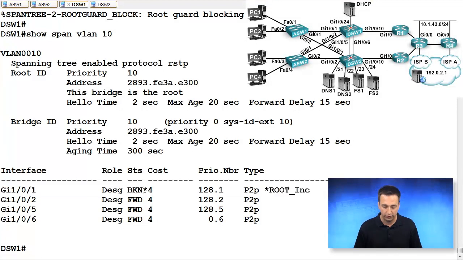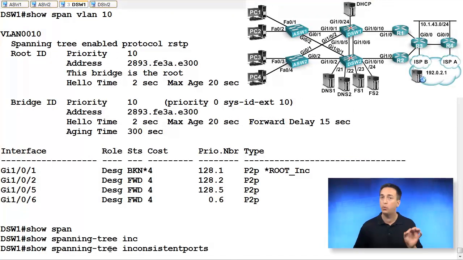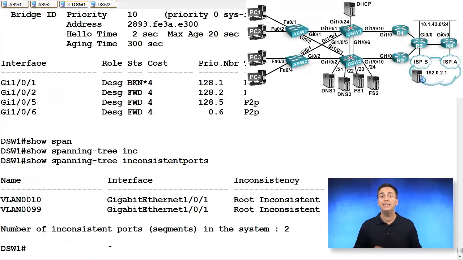And there's a little asterisk which is saying, look, it's in the root inconsistent state. We have a command called show spanning tree inconsistent ports, which can identify those ports that are in the spanning tree inconsistent state. And in this case, gigabit 101 for both VLAN 10 and 99 are in the root inconsistent state.